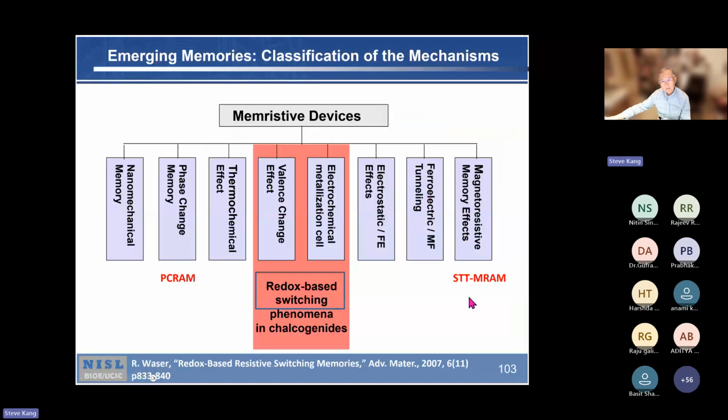So this is a more general definition of memristor by Rainer Waser. He's a professor in Germany. Redox-based resistive switching memories.